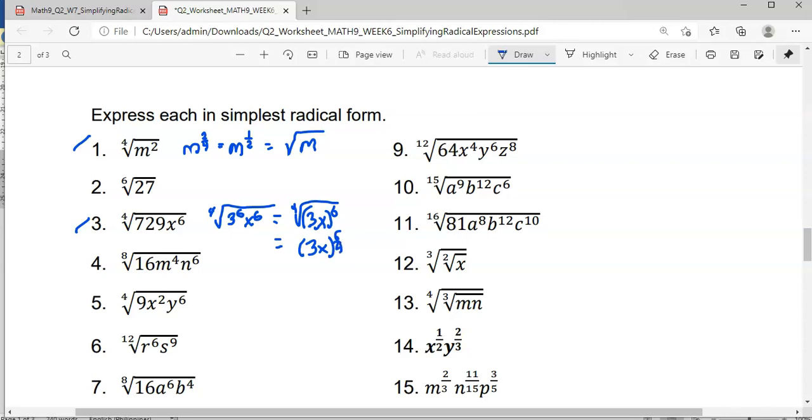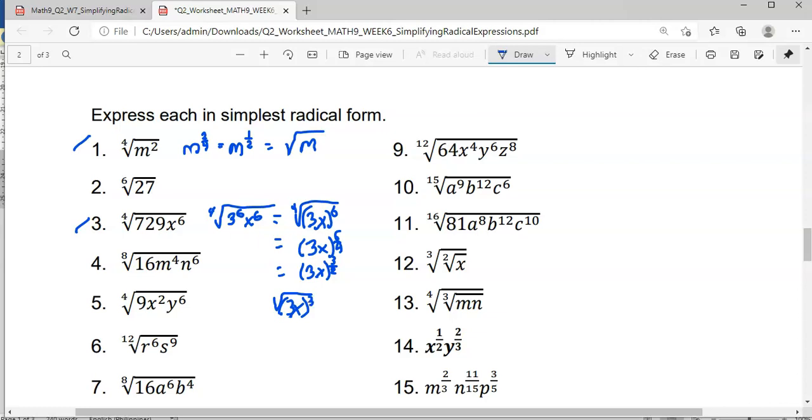Okay, then simplify natin sa magiging quantity of 3x raised to 3 over 2. Okay, then balik natin sa radical sa magiging square root of 3x raised to 3.